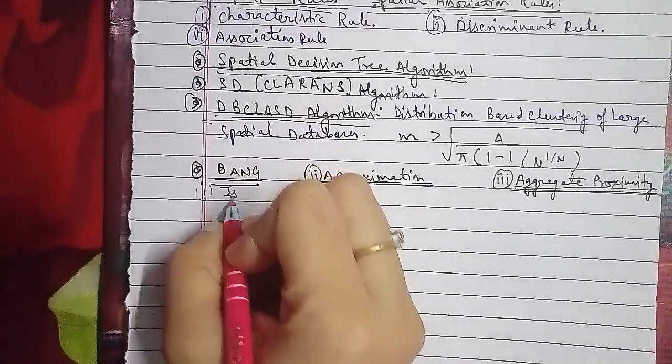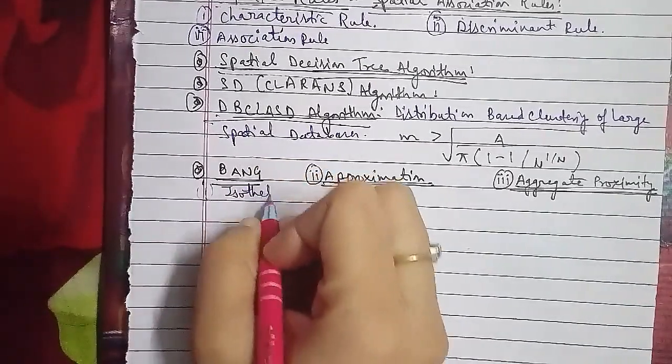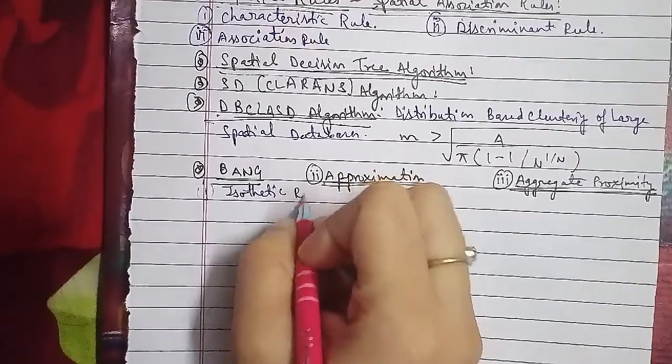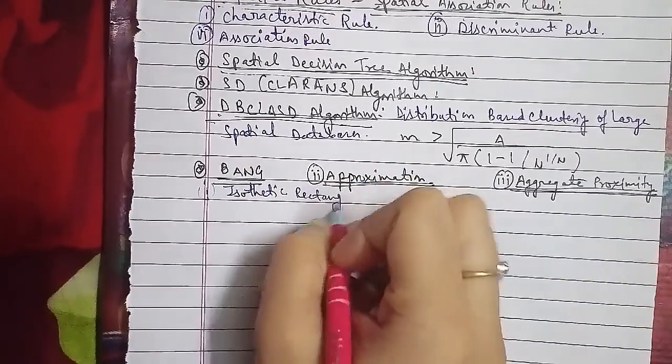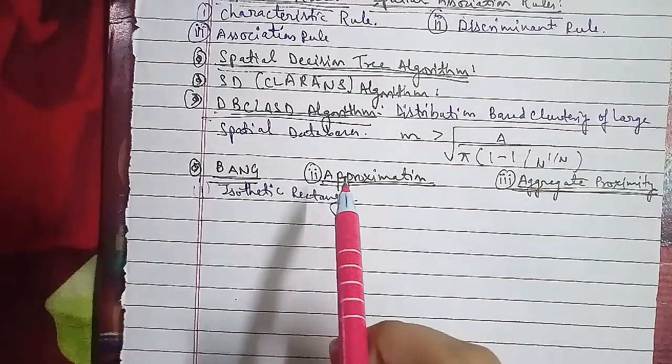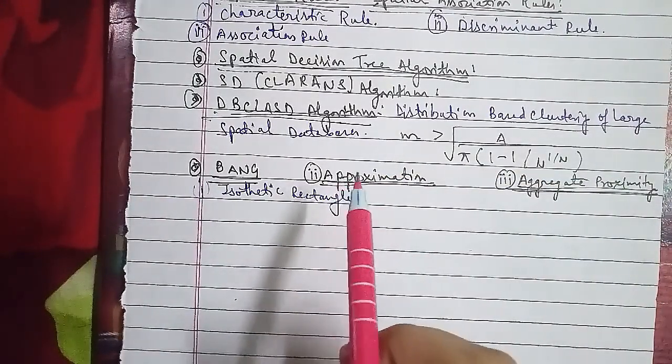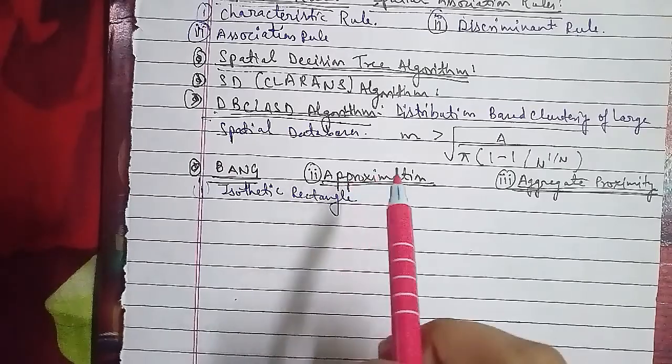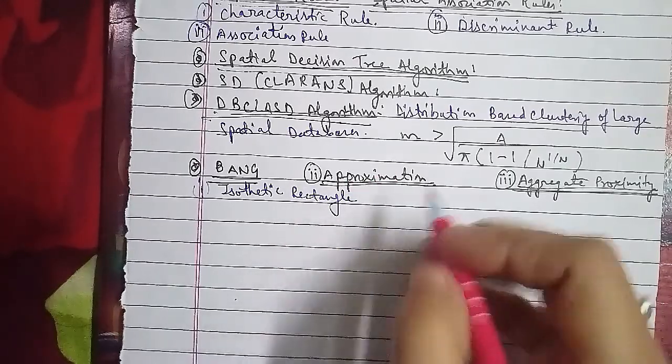First is the isothetic rectangle. In an isothetic rectangle, the MBR contains a set of points where the sides of the rectangle are parallel to the coordinate axes.